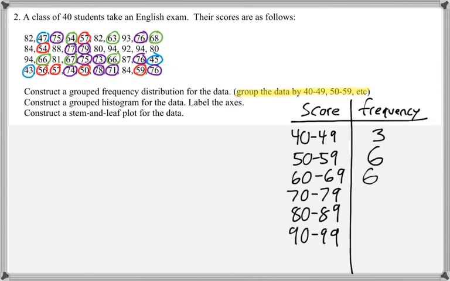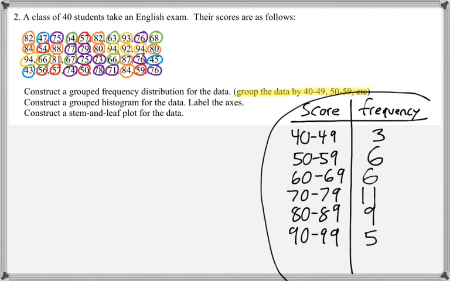I have 11 values in the 70s. I have 9 values in the 80s. And lastly, I have 5 values in the 90s. So this is our grouped frequency distribution.